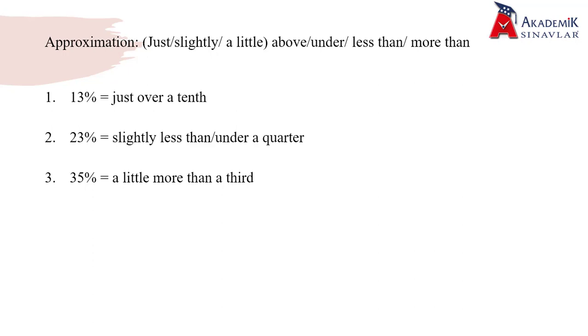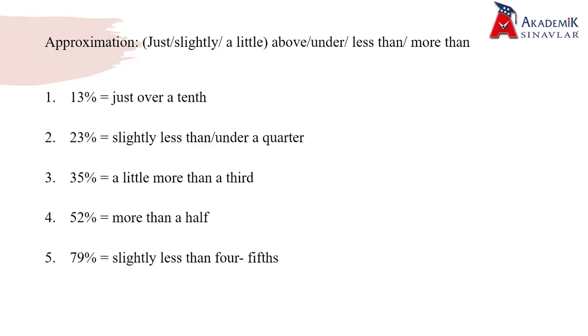So 33% is almost a third of 100. So 35% can be a little more than a third. 50% was half. So 52% is more than a half. Last one, 79%. It is close to 80%. So 80% was 4/5. And 79% is just slightly less than 4/5.